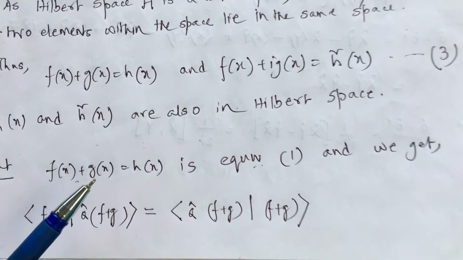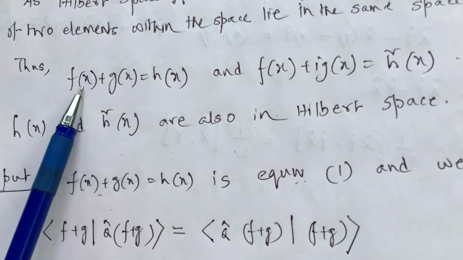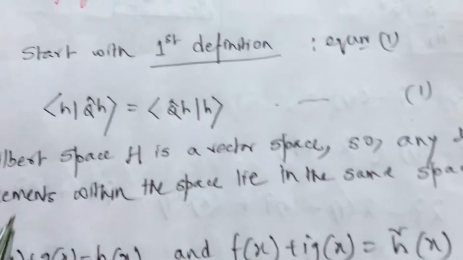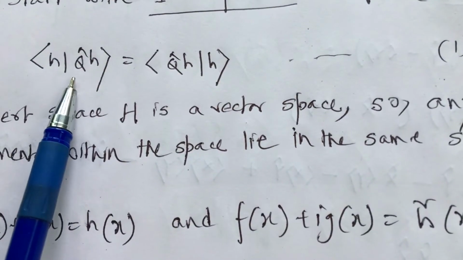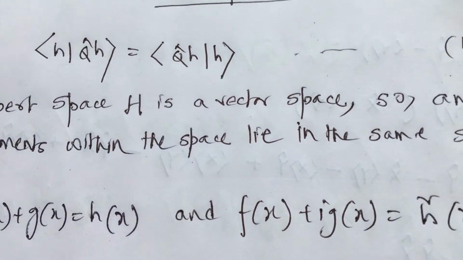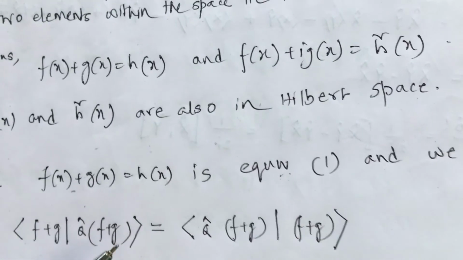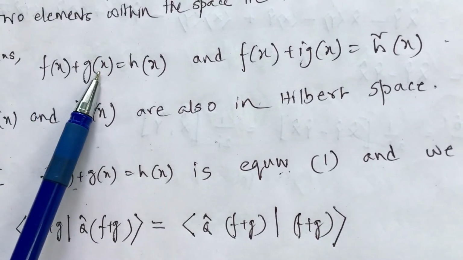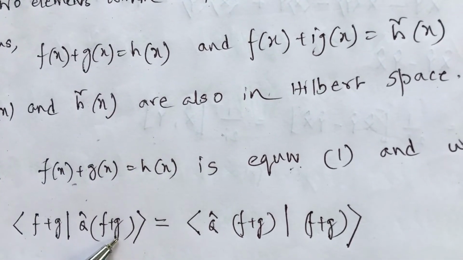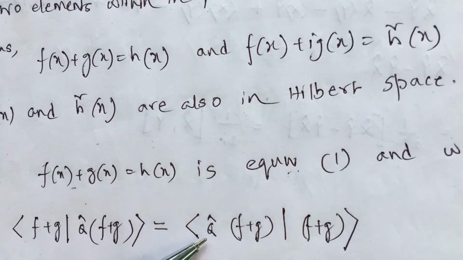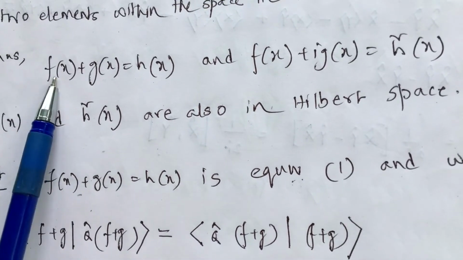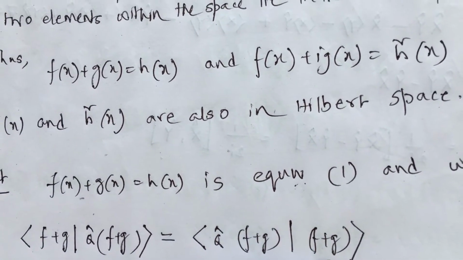Now I am using the first linear combination, f(x) plus g(x) equal to h(x), in my equation 1. Equation 1 is bra h, Qh equal to Qh, ket h. In place of h, I am writing f plus g, on both the left and right hand sides.